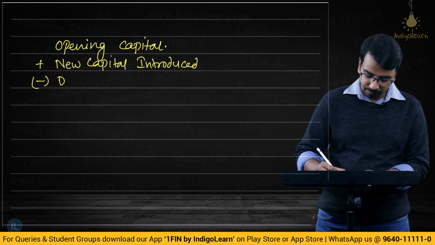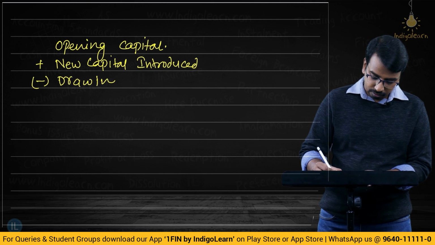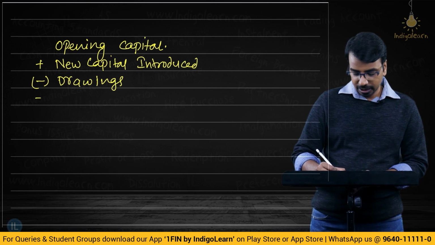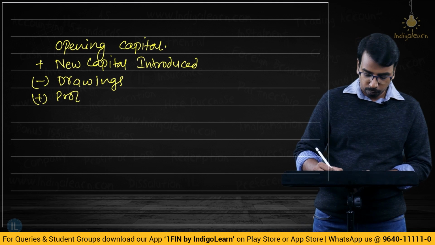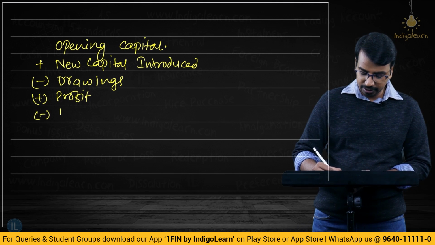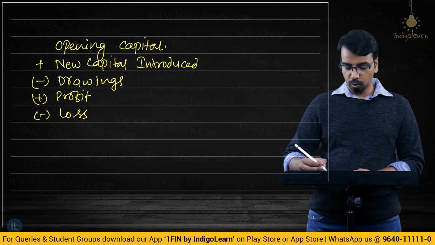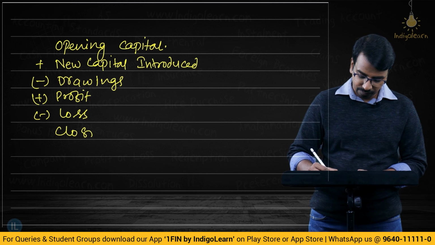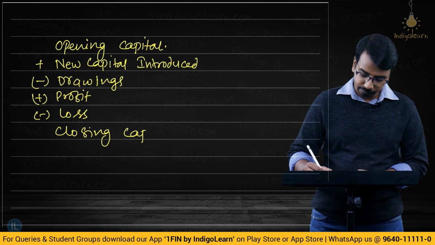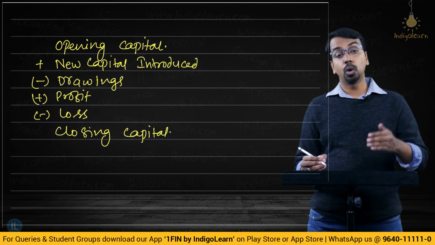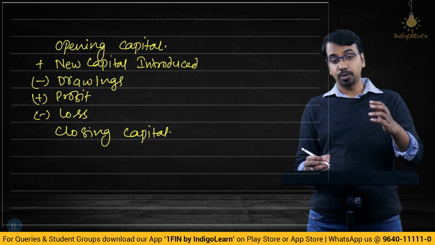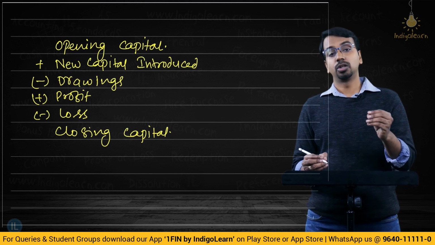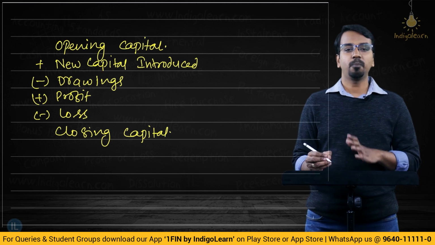Then you will deduct any drawings, and you will add profit. If there is loss, you will deduct the loss. Once you do all this, you will arrive at the closing capital. So, if you have the opening capital numbers, the profit numbers, investment numbers, the drawing numbers, you can arrive at the closing capital.